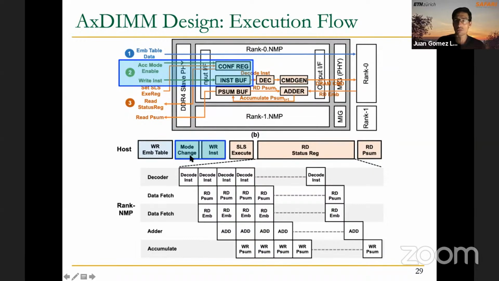Then in step 2, the host processor needs to change the mode from the non-acceleration mode to the acceleration mode. To do that, it needs to write a certain value, let's say a flag, to activate the acceleration mode in this configuration register. As soon as that's done, the processor can load the program to the instruction buffer of the NMP unit, which is essentially the kernel being offloaded to the memory side.